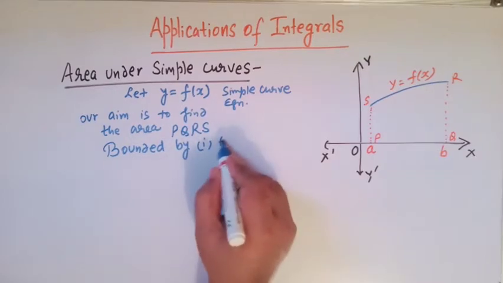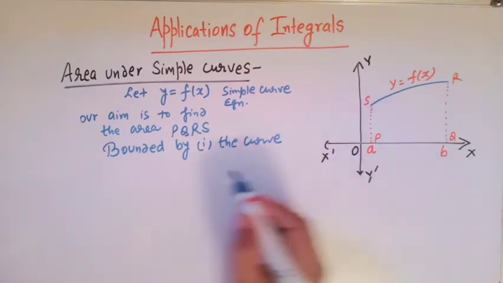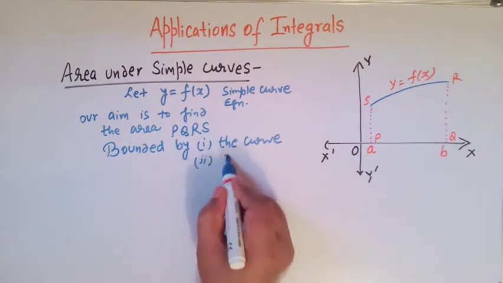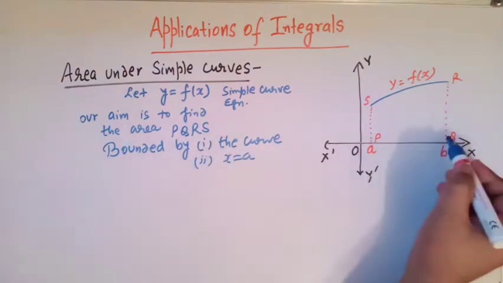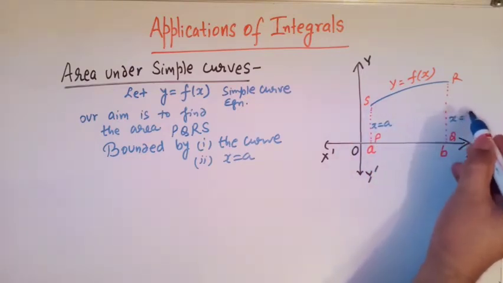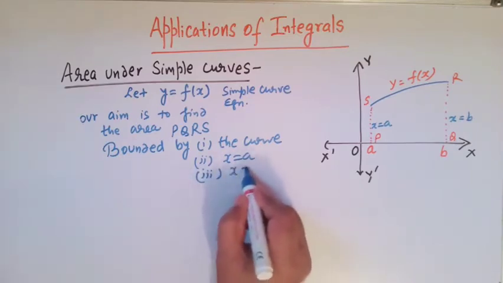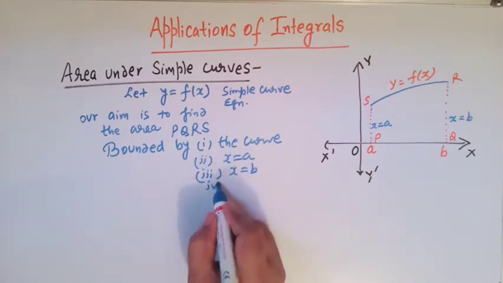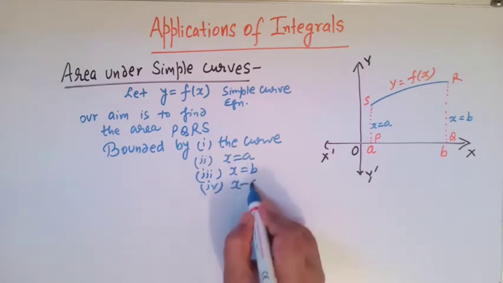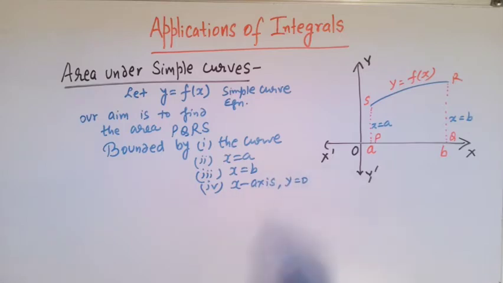first the curve, and this line x is equal to a, and this is the x equal to b line, and the x-axis. The equation of the x-axis is y is equal to 0.